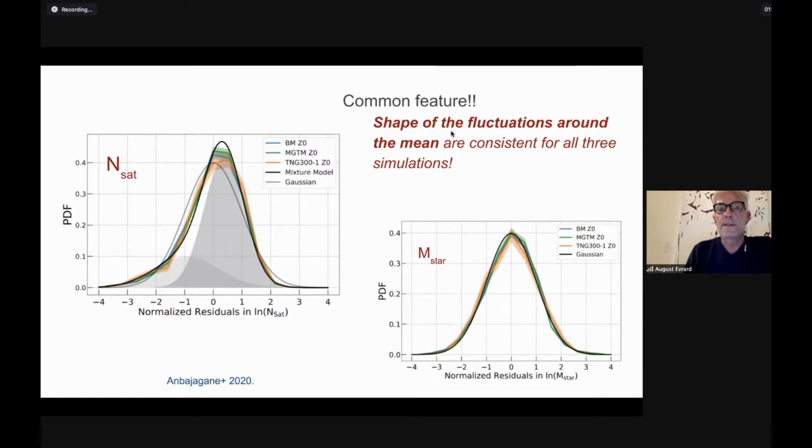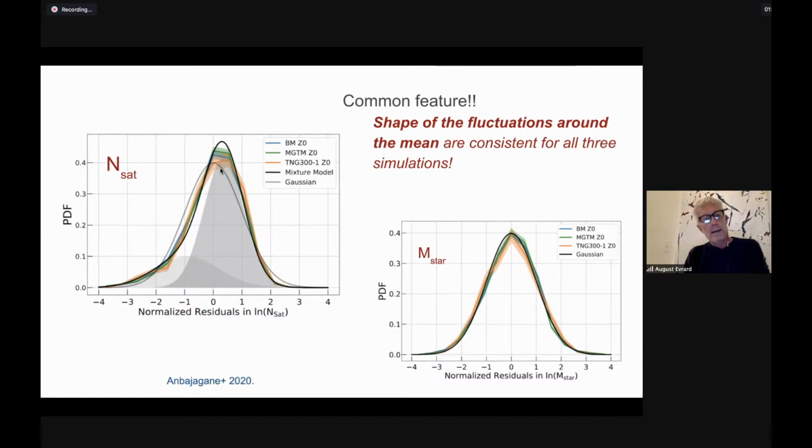This is kind of very subtle, but it's saying that when you look at the deviations and normalize them by the standard deviation at that mass scale, and then collect them all up and look at the likelihood of deviating from the mean behavior, here's what the likelihood is. The different colors are coming from the different simulations. Our best fit is this black line, and then just an underlying simple Gaussian is this gray line. You can see it's close to Gaussian, but no, they're actually not Gaussian. They lean a little bit.